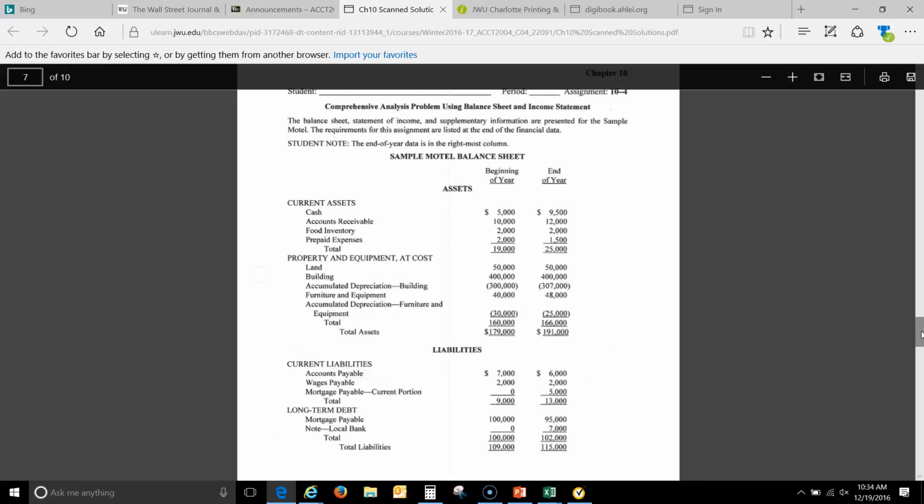So from last year to this year, did we get better or worse? We got worse, because it went down. 2.1 went down to 1.9. You take 19,000 divided by 9 and 25 divided by 13. Okay, this is a really good point for a break.